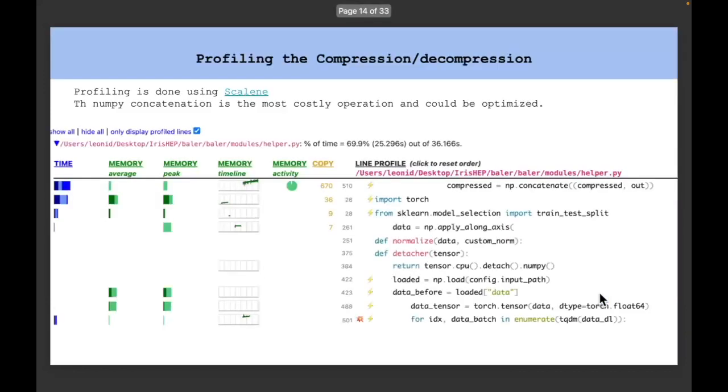So later on, if you want to inspect what is the most expensive and what operations could be optimized for the compression and decompression, we find that the operation that works with NumPy concatenation takes a lot of memory and there are a lot of copying operations.